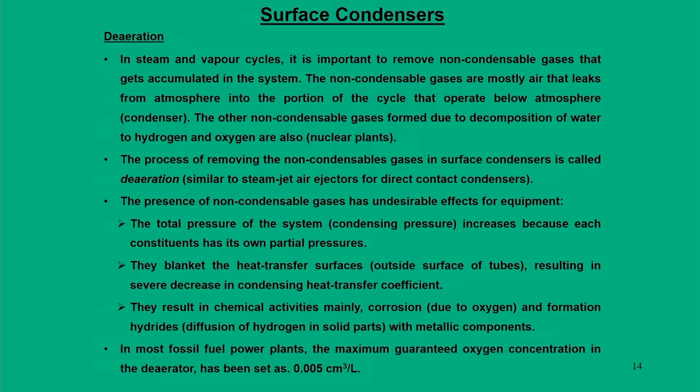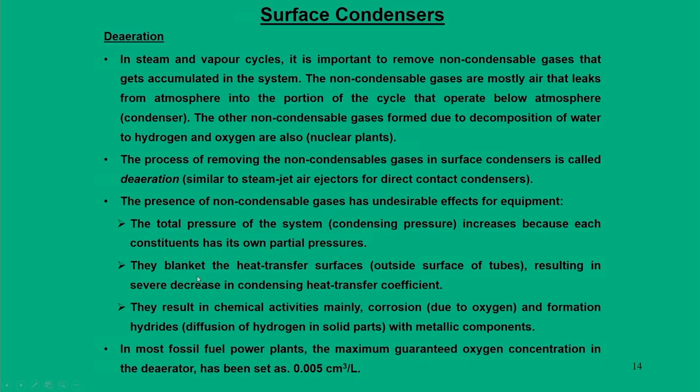These have to be removed in the condenser because the presence of those gases adds partial pressures, and so the total pressure of the system increases. This is the first demerit of these non-condensable gases.